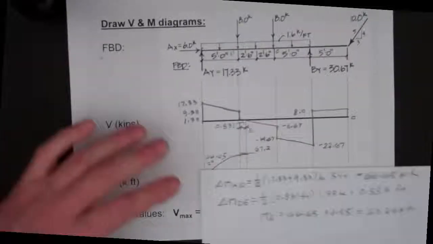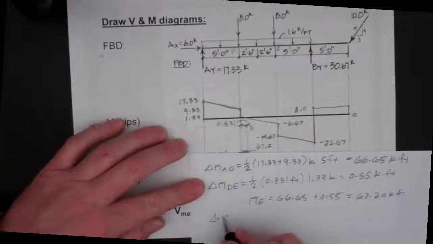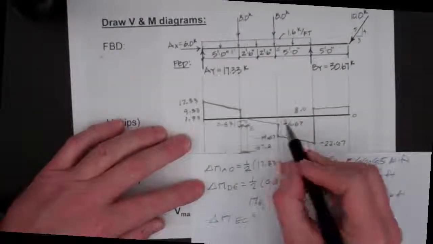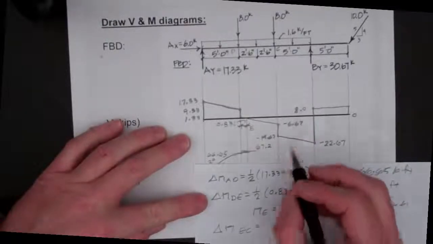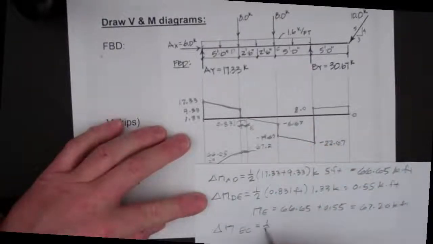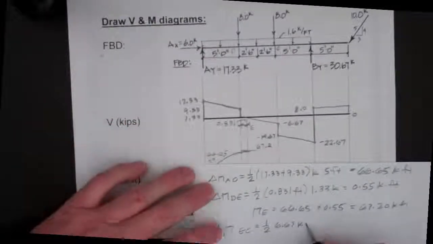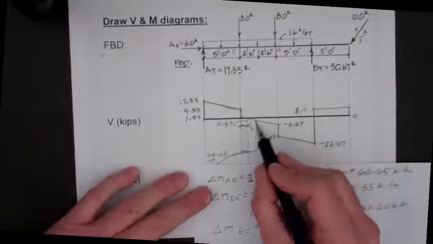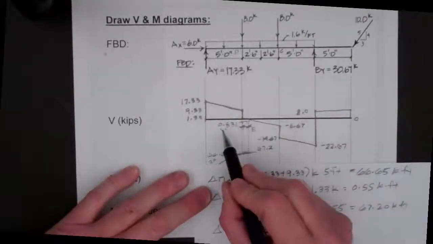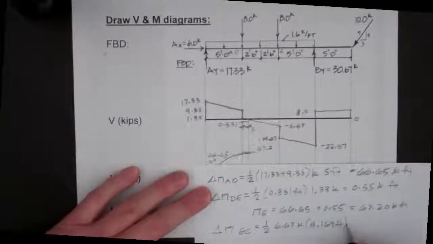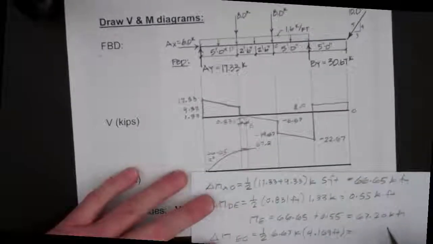So now we're going to solve for the change in moment between points E and C. Our change in moment from E to C is going to be 1/2 times the 6.67 kips times the length of 8 feet, and then we're going to subtract that, so our 5 feet minus 0.83 feet to get our actual base length.